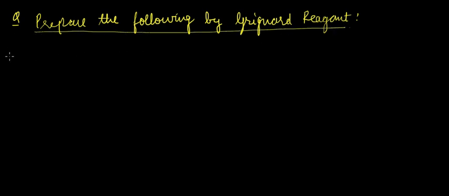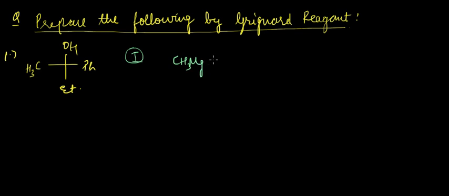So we have something like this. How can this be prepared? The first thing that comes to mind is we can have CH3MgBr and react it with something like this one.